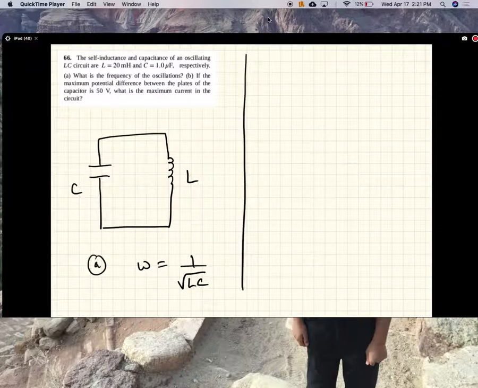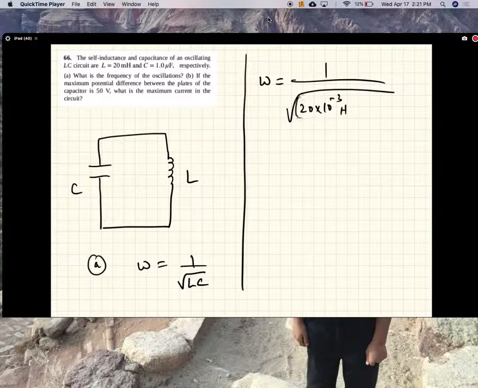So this is the angular frequency, and L is 20 millihenries, and capacitance is 10 to the minus 6 farads. So let's take care of powers of 10.